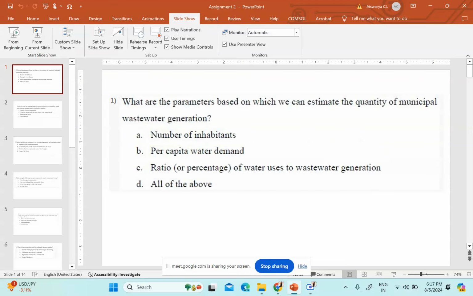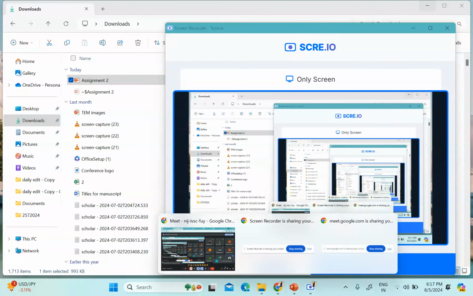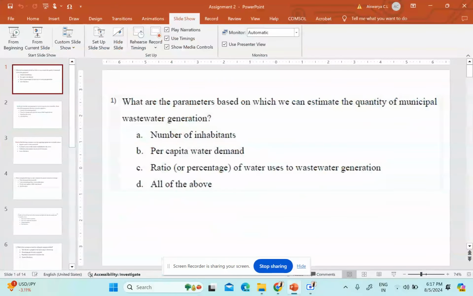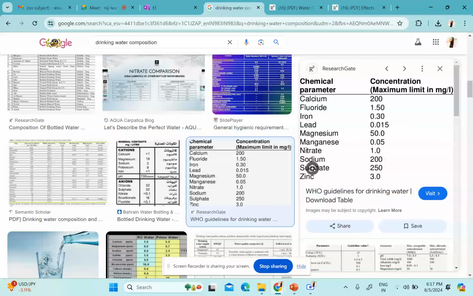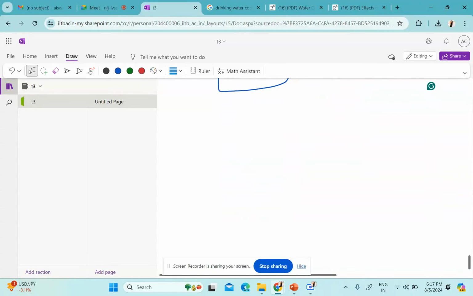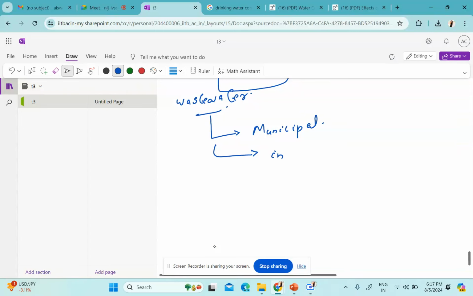We'll go and see a few points here. First of all, we know that wastewater can be from municipal, industrial, and agriculture sources mainly.